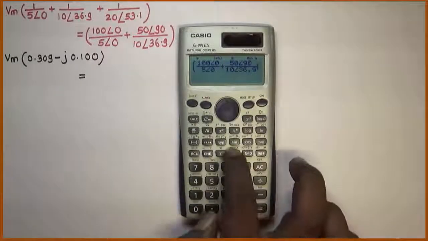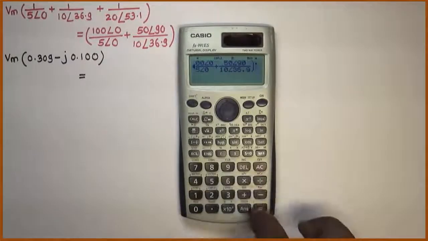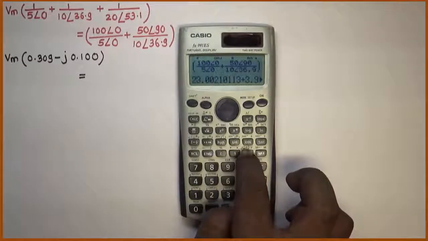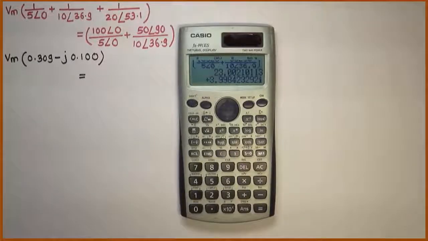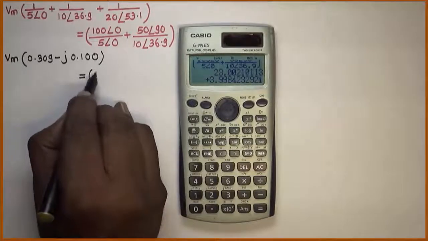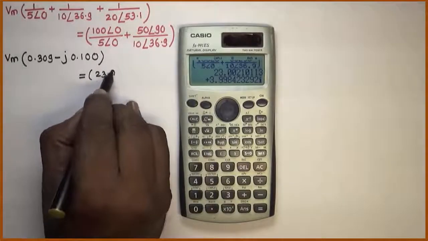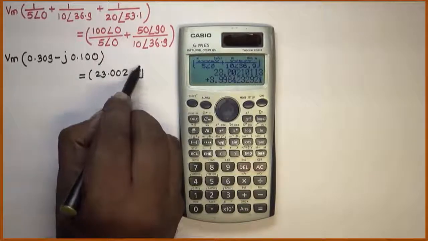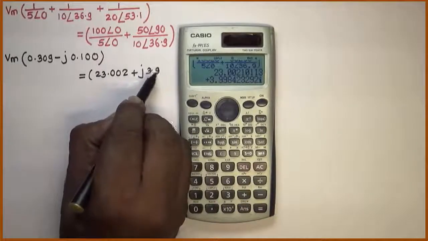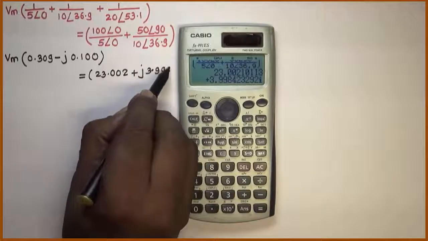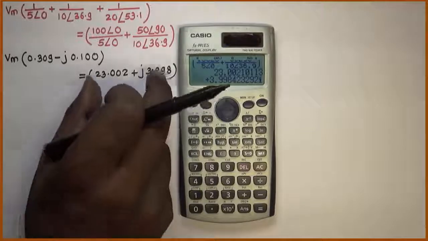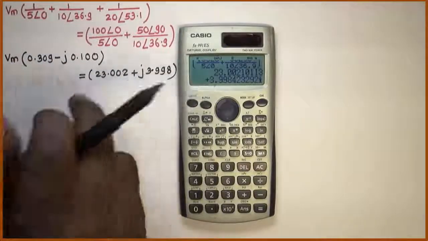Second number is entered, complete the bracket, equal to. To see the total answer, I press S to D, we get 23.002 plus J 3.998. If I want the value of VM, then this bracket must be divided by this bracket.